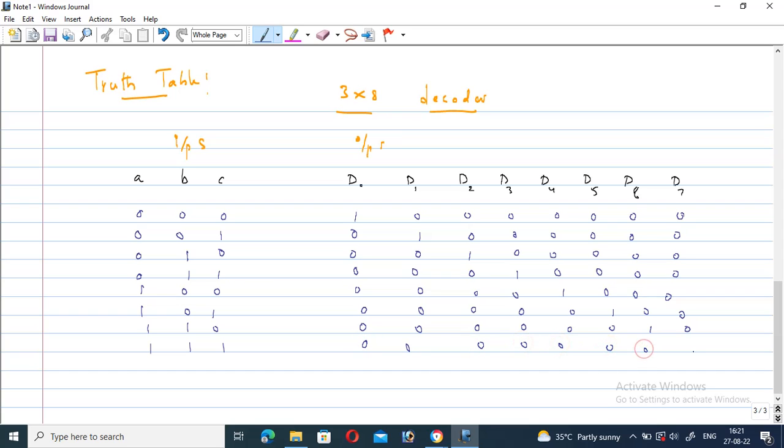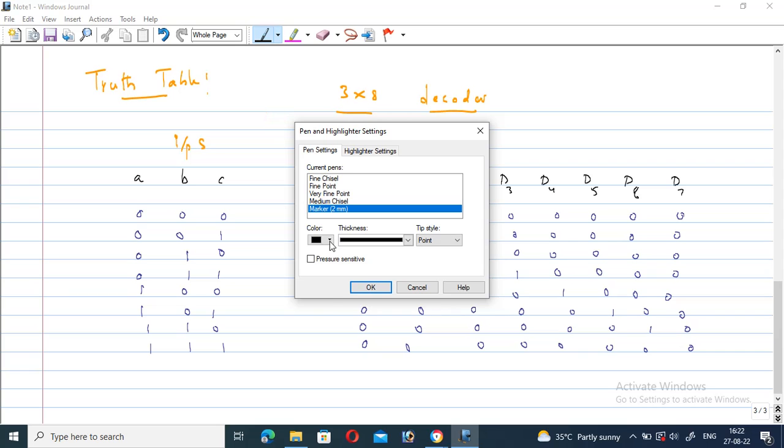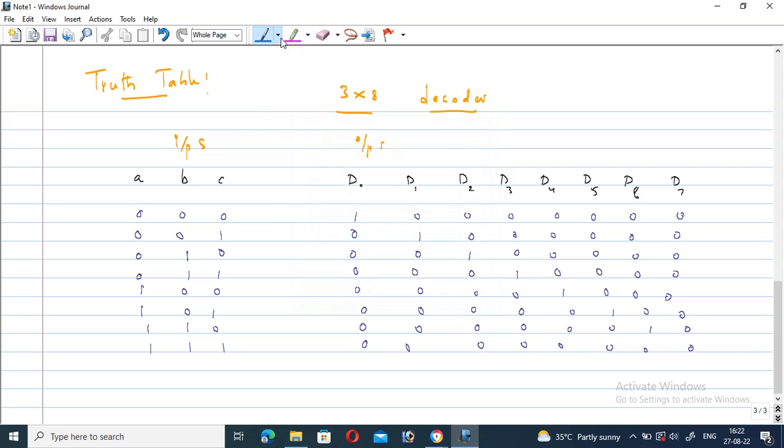Only D7 is activated, remaining all are in deactivated position. So this is nothing but the truth table for the 3 to 8 decoder, right?